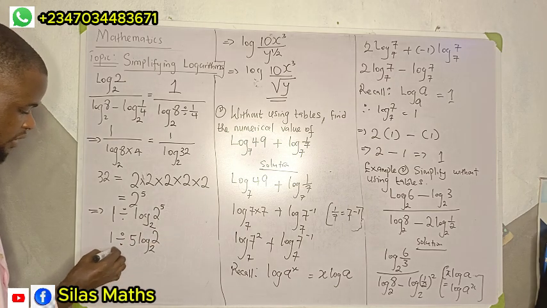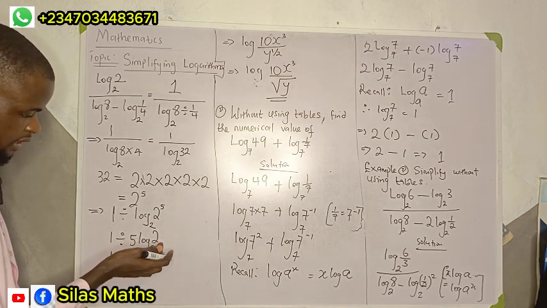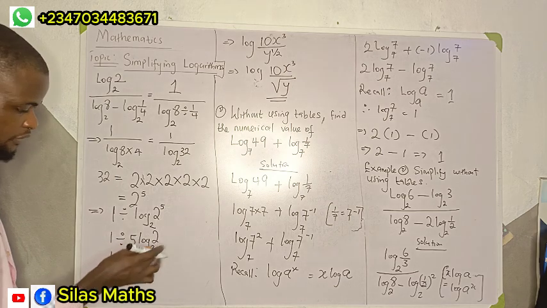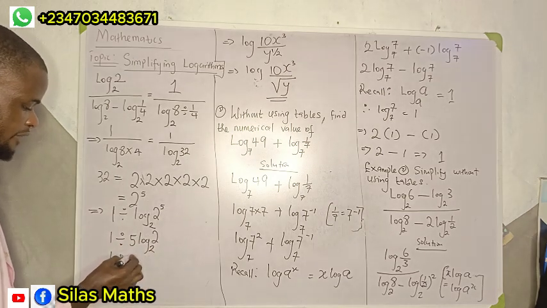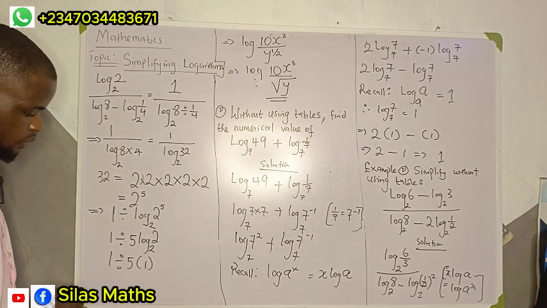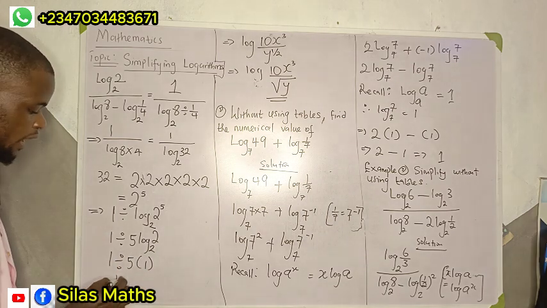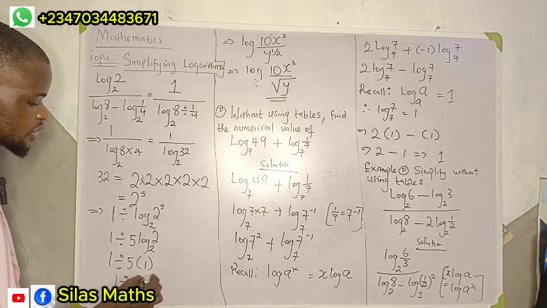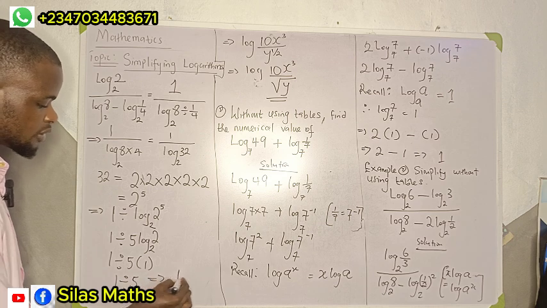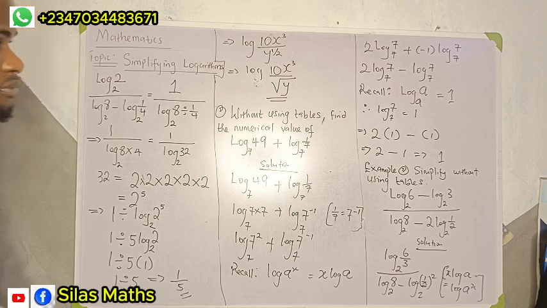Log 2 base 2 will give us 1, so I'm going to have 5 into bracket 1 because the whole of this is equal to 1. So 5 times 1 is 5. So I have 1 divided by 5. So my final answer is 1 over 5. That's the answer to this problem.